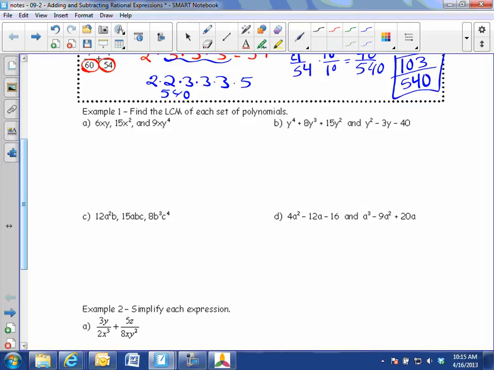So keep going. We're going to do the same thing. Example 1 asks us to find the least common multiple of each set of polynomials. So we're going to factor each thing.